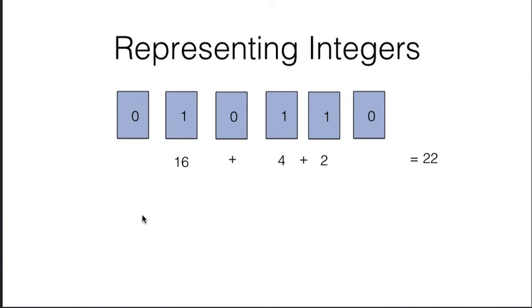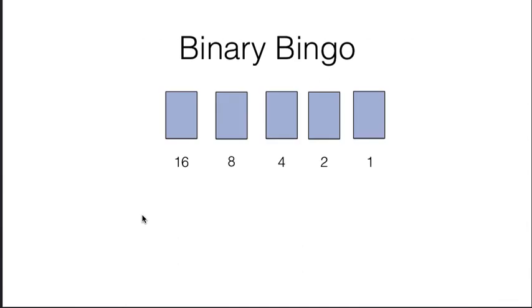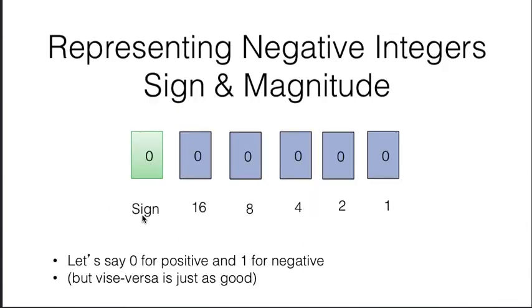So in the last class, we were looking at how we would represent integers using binary numbers. And that was straightforward enough. But when it came to representing negative integers, it got a bit trickier.